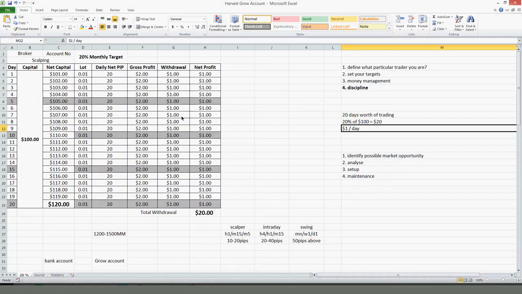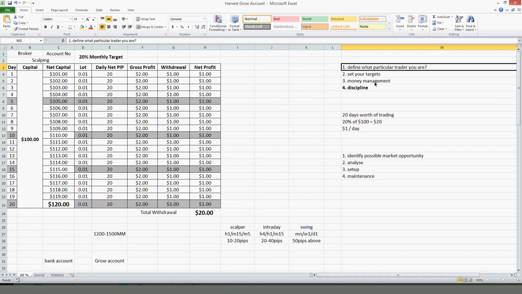So is everyone clear with the management side? Okay, so we have already identified what particular trader you are. For example, I choose to become a scalper, so I would be looking at H1, M15 and M5, and I would be aiming for about 10 to 20 pips.